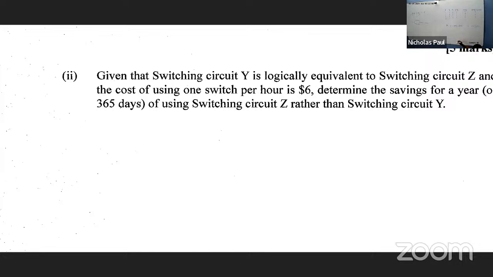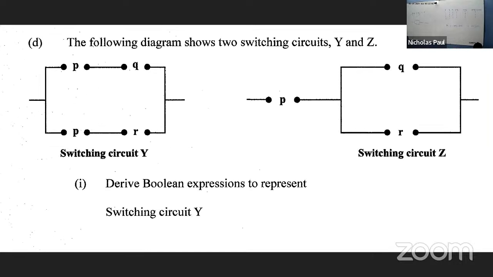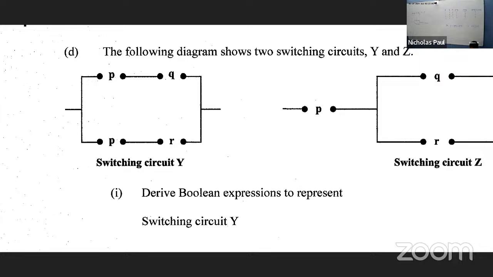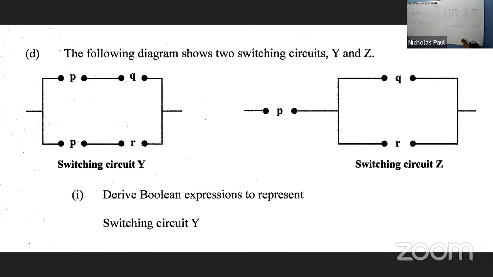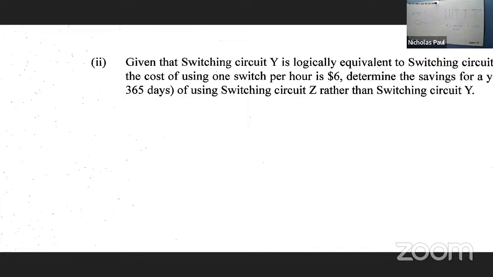Look here, it's just the number of switches. You have 1, 2, 3, 4 switches here, and you have 3 switches here. So it's 4 by every switch, by 6, by 365, because it's per hour.